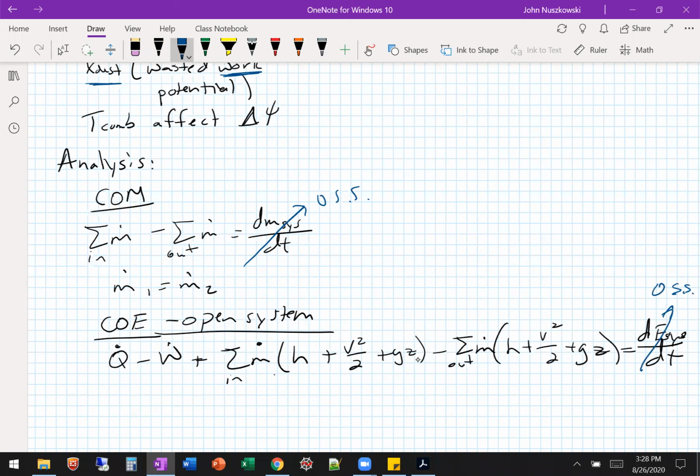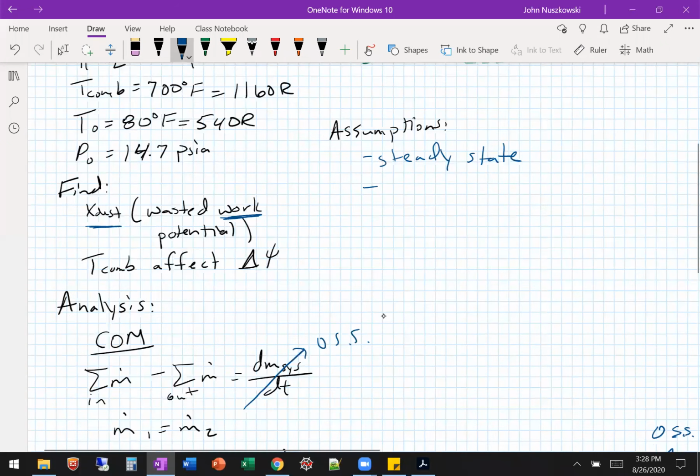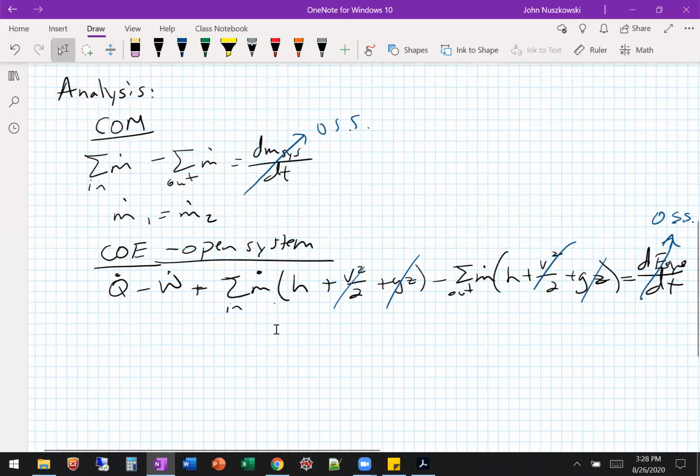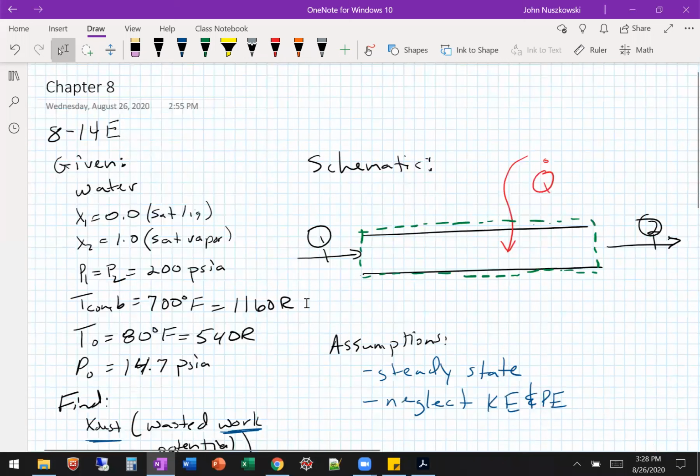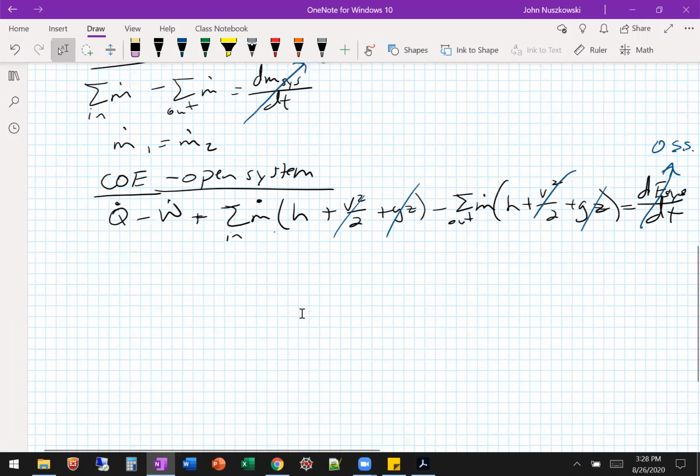What other simplifications? We can assume mass flow rate's the same, so velocity is the same, and there's no change in height, so neglect kinetic and potential. Is there work on our system crossing our boundary? No work. Yeah, there's no work. All right.